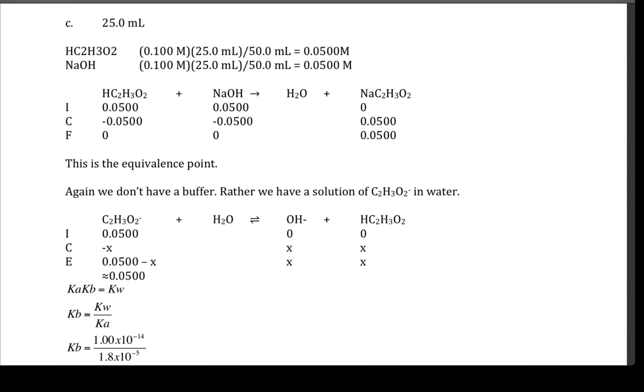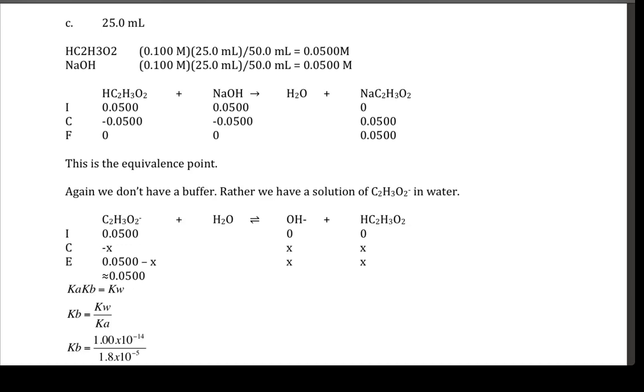Okay, now what we've got in our flask is C2H3O2 minus. Well, that's a weak base. It's going to interact with water in this equilibrium reaction: C2H3O2 minus plus H2O in equilibrium with OH minus plus HC2H3O2.